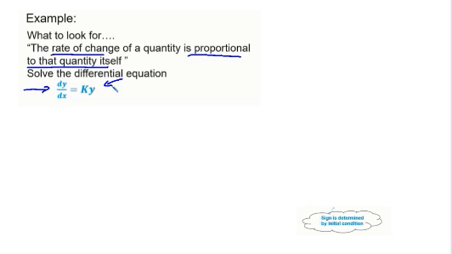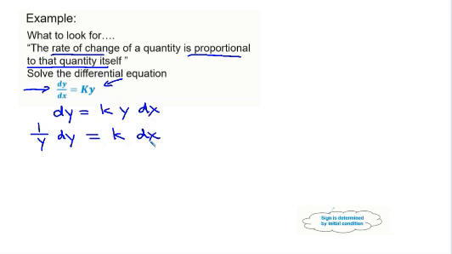Now, what I want to show you, though, is that we can separate these variables. So I have dy/dx equals ky, which means I need to divide both sides by y. So I have 1 over y dy equals k dx.